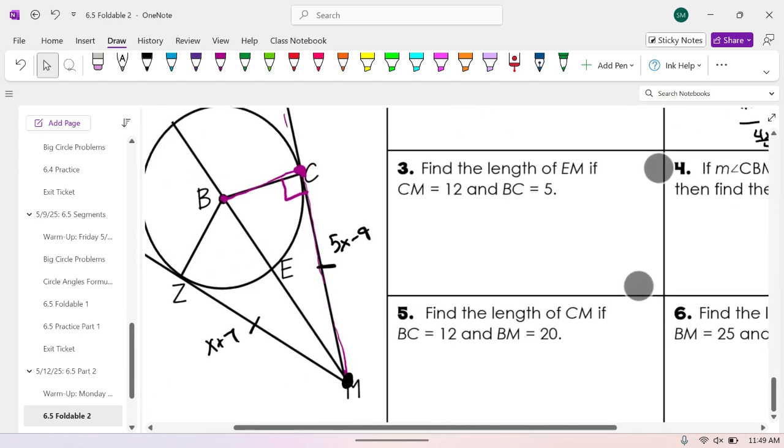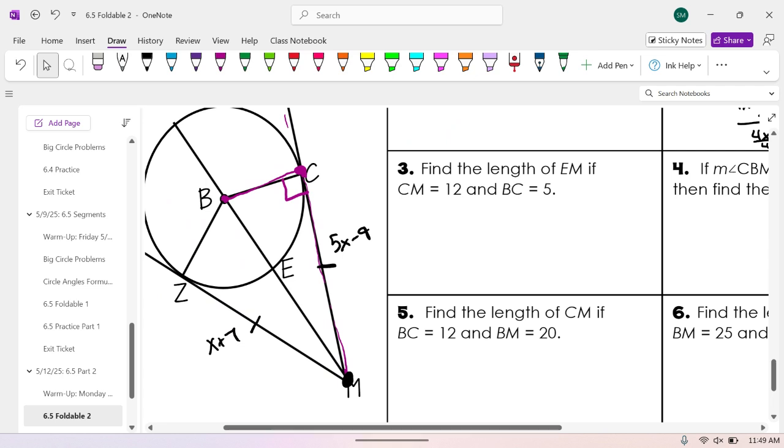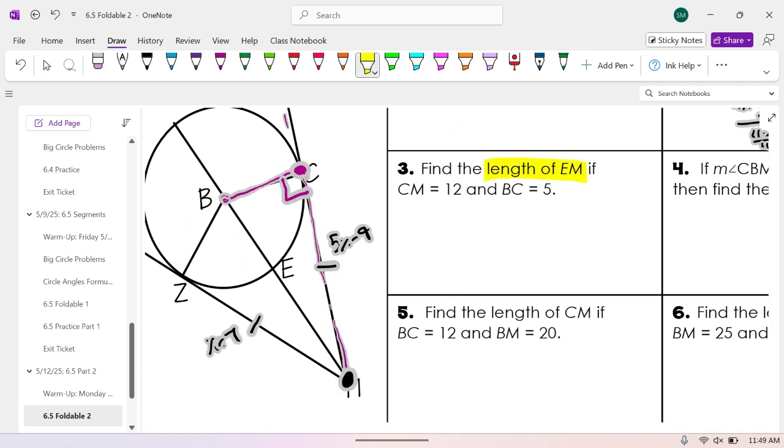All right. Now, we're going to find the length of EM if CM is equal to 12 and BC is equal to 5. So I'm just going to label it. Now, like I said, these questions don't connect to each other. In the previous problem, we said that CM is equal to 11.